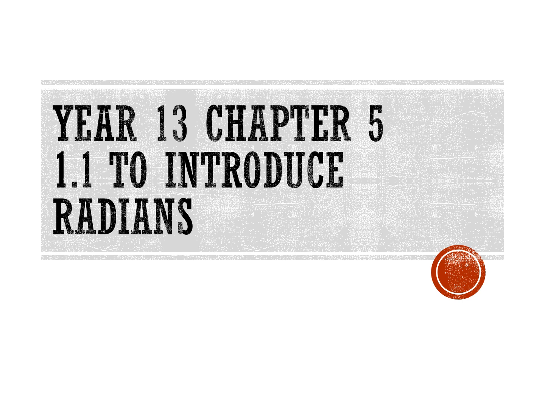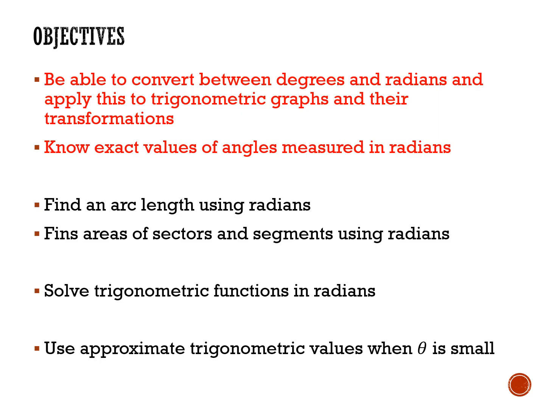So let's have a look at the series of lessons that we're going to be doing. So today is the bit in red, so we're going to look at what the link is between degrees, which you're obviously already familiar with, and radians.